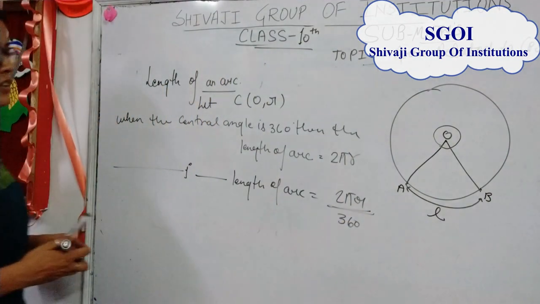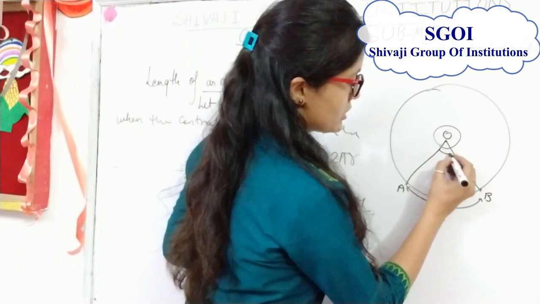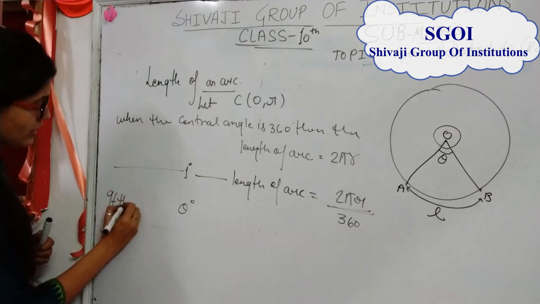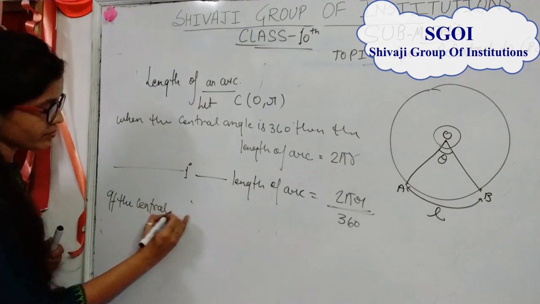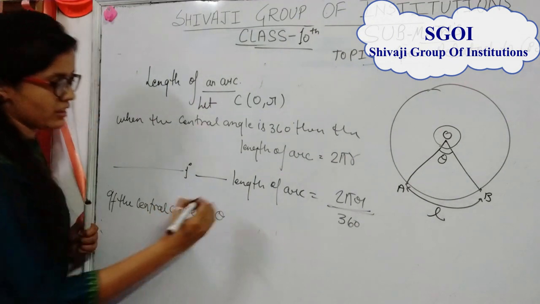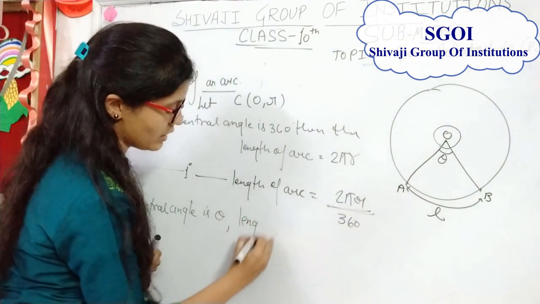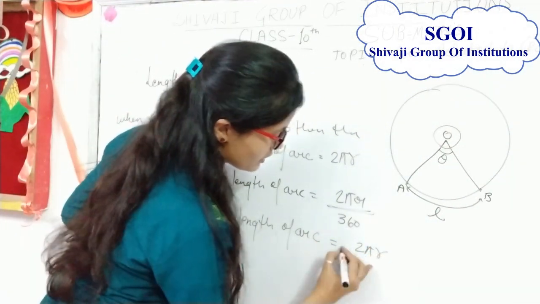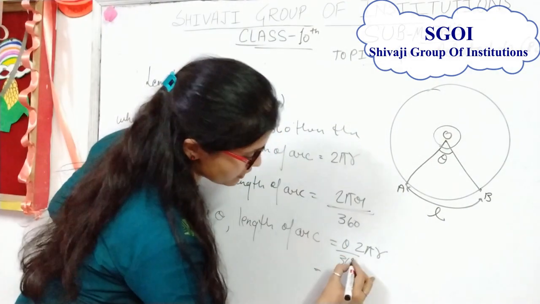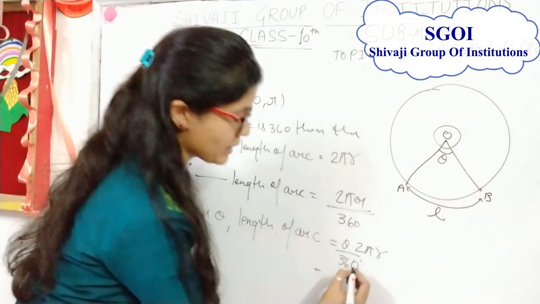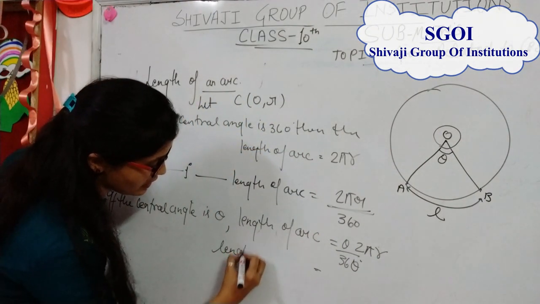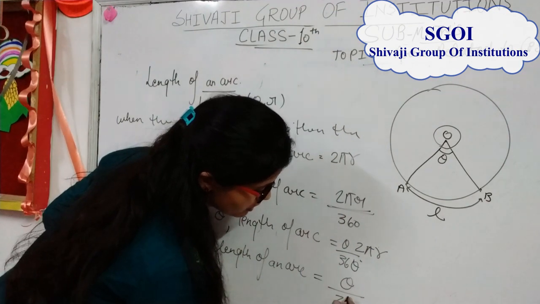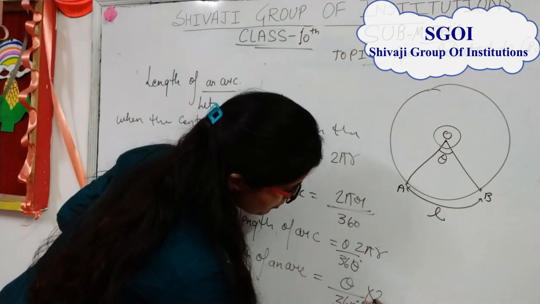Clear? If the central angle is theta, in this case the length of the arc is equal to theta upon 360 into 2 pi r.